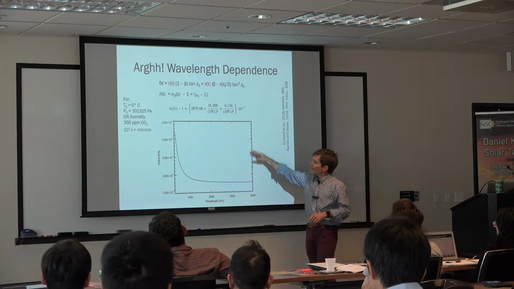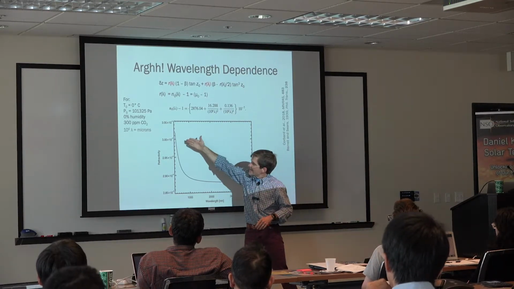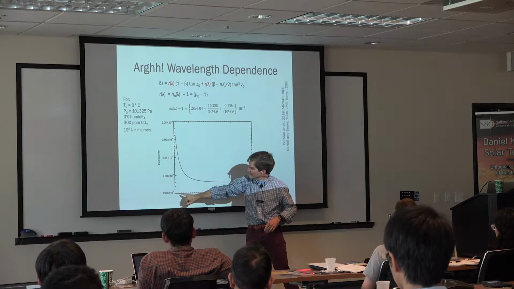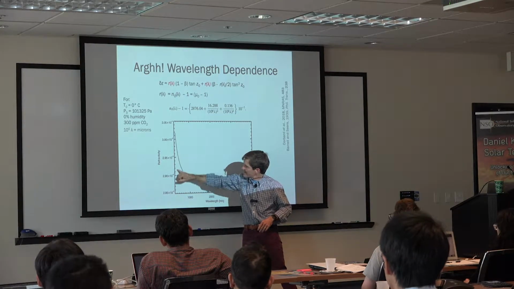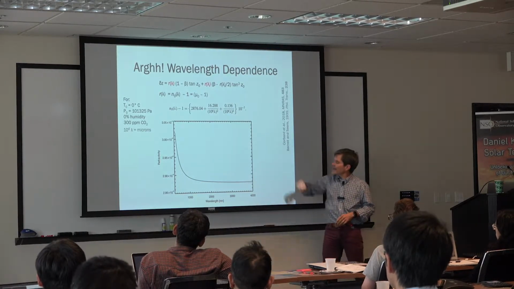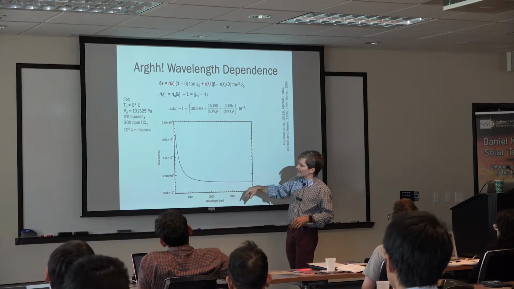And if we plot this out, you see it's a function of wavelength here. And you see that it drops sharply here. This is 4,000 angstroms, the calcium H and K lines. And then it tapers off here and gets pretty smooth out into the longer wavelengths, which is nice.